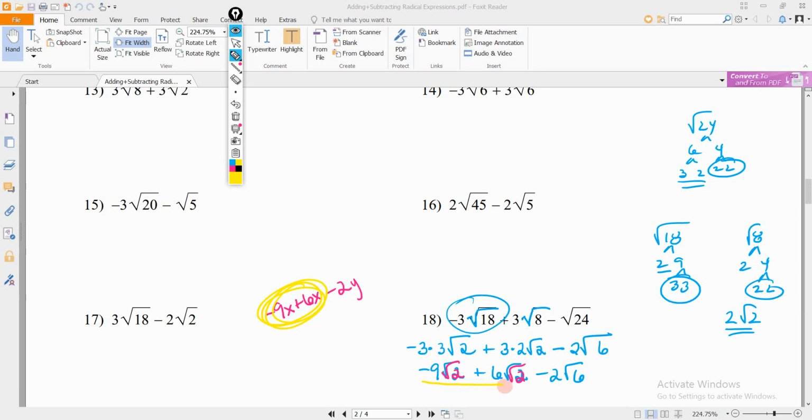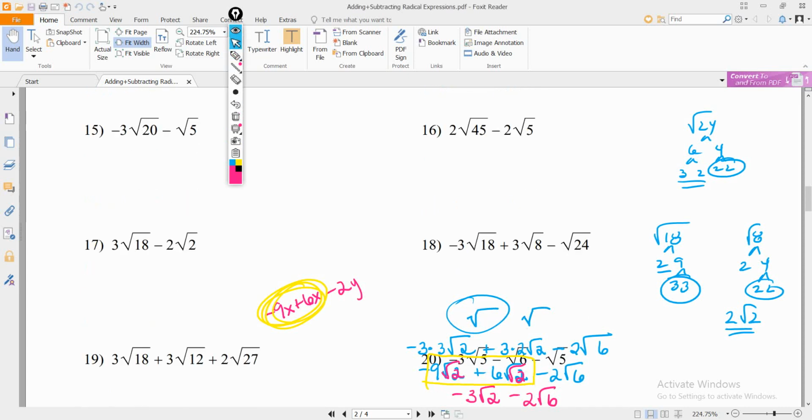So likewise, the only thing we combine is those two things there. So negative 9 plus 6 is negative 3 radical 2's. And then minus 2 radical 6, because I can't combine those, so I just write the subtraction. So that is how we add and subtract radicals.